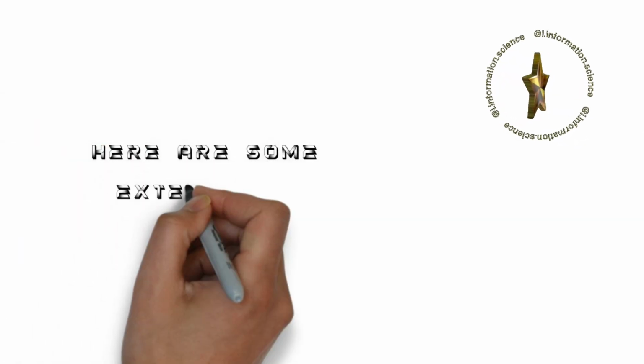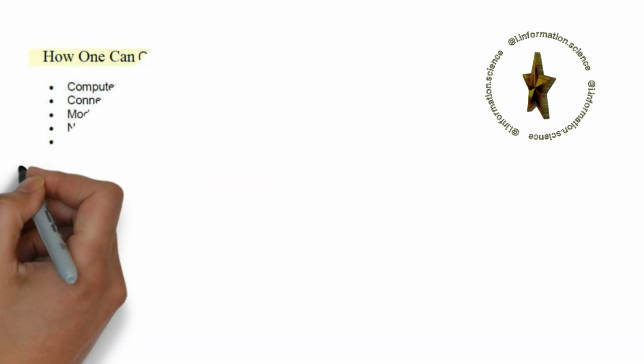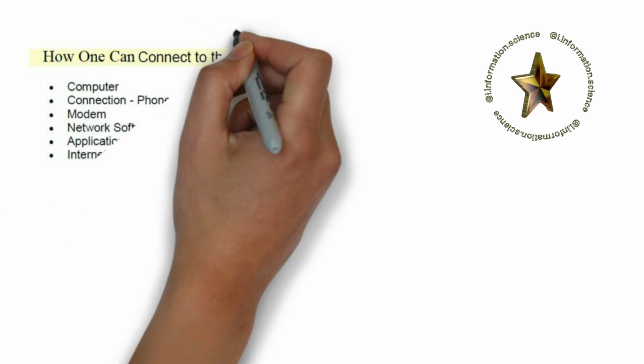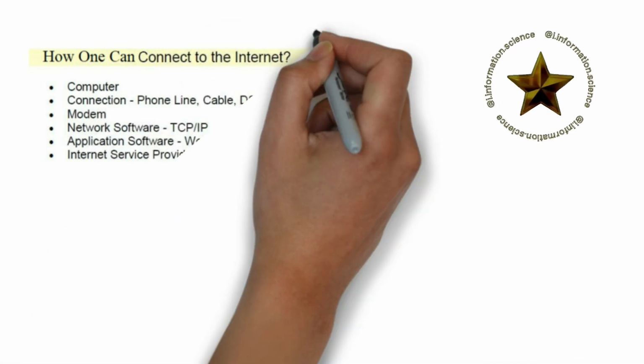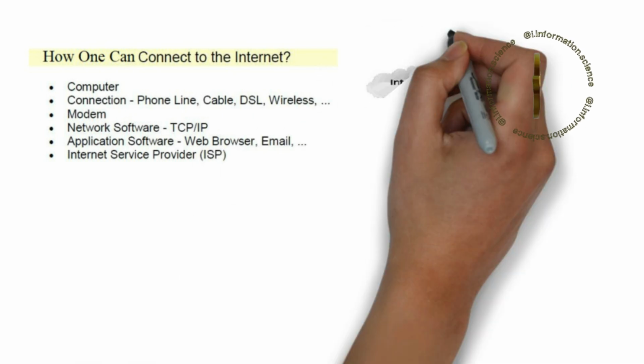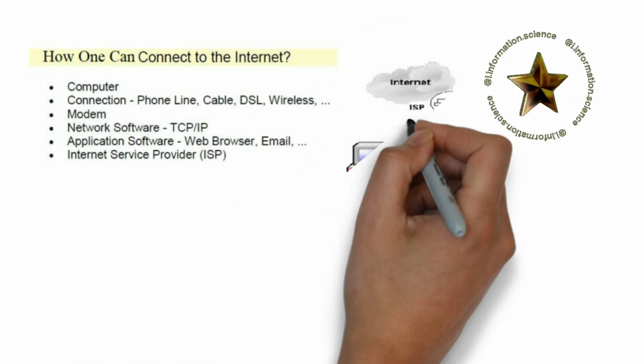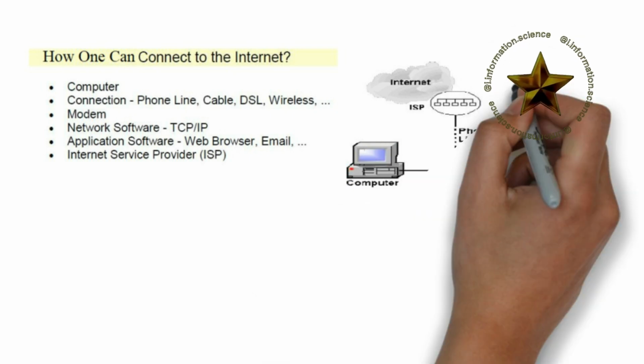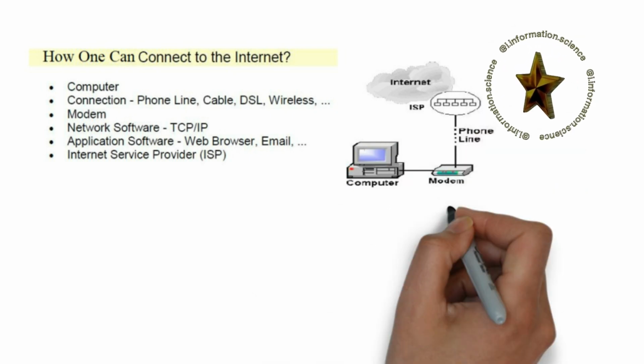Here are some extended learning concepts. How one can connect to the Internet? 1. One computer or mobile or data communicating device required. 2. Data connection of phone line, cable, DSL, wireless, etc. required. 3.